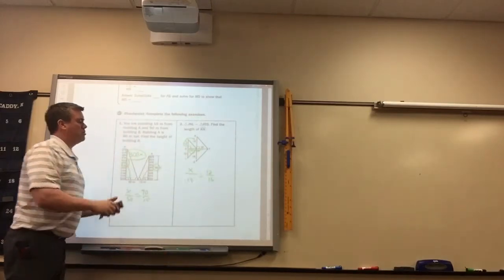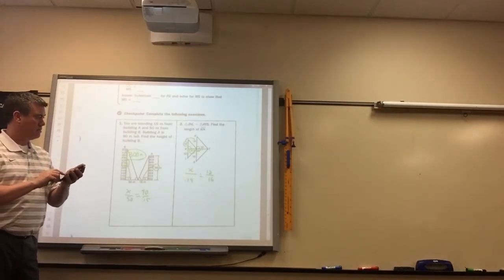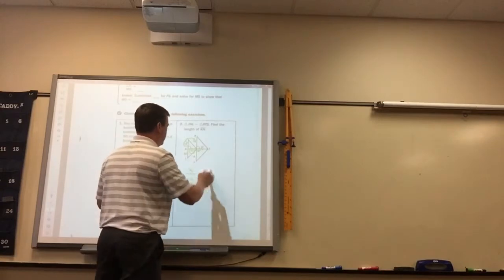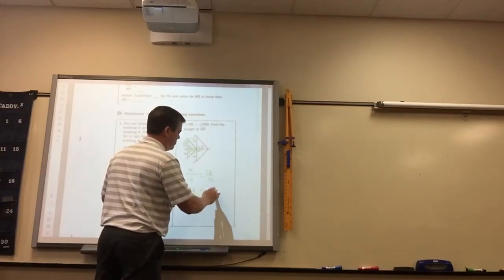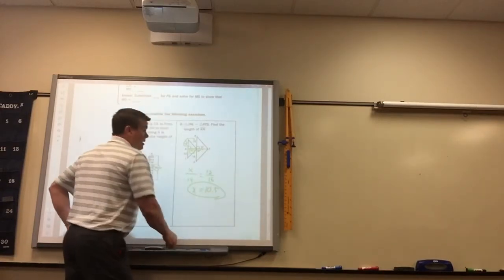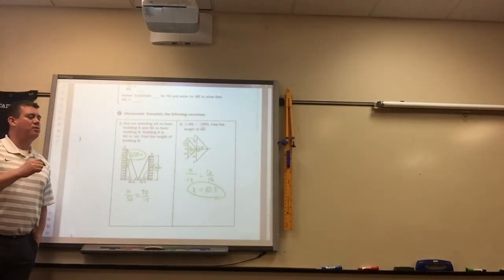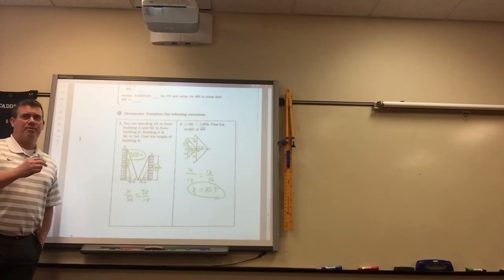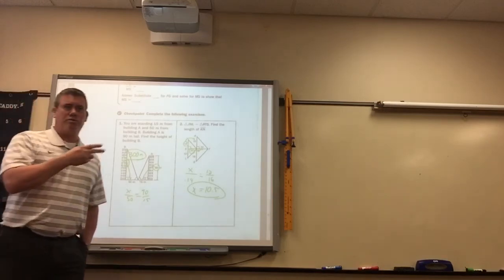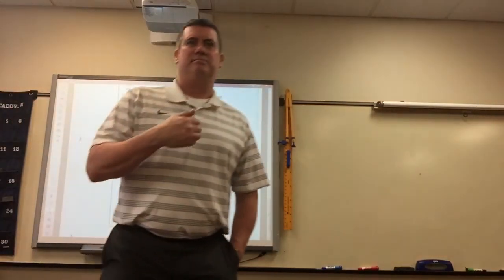So you just cross multiply and divide. 10.5. So, it's the same kind of stuff as yesterday. It's just now with triangles, if two angles are congruent to two others, then they're similar.